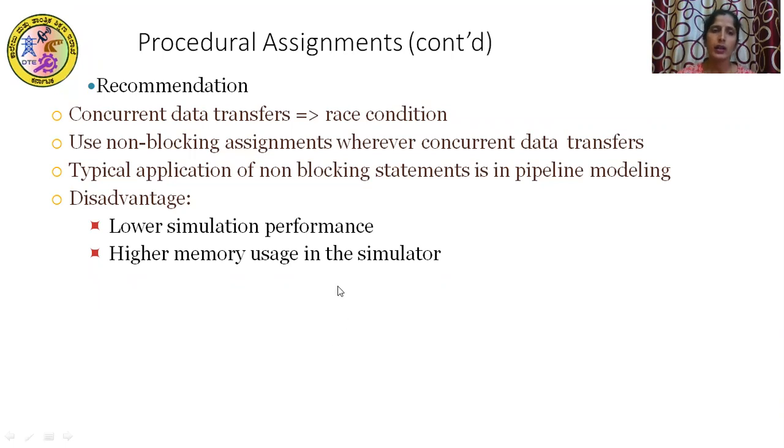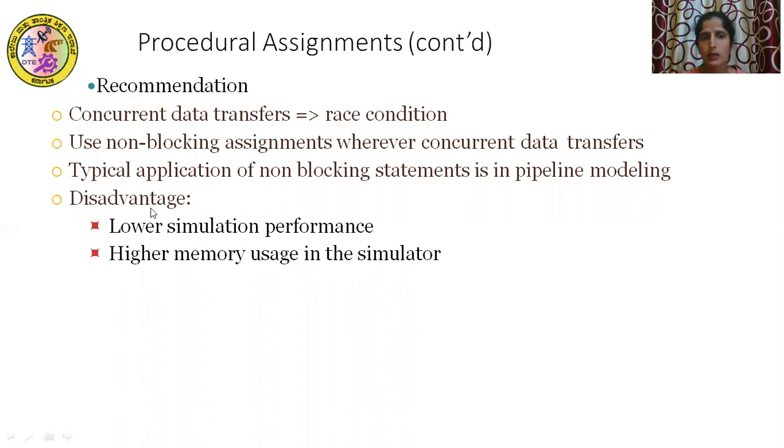So for concurrent data transfers, using blocking assignment statements will give rise to race condition. This problem can be avoided by using non-blocking assignments. Wherever we have concurrent data transfers, we can use non-blocking assignments. A typical application of non-blocking assignments is in pipeline modeling.